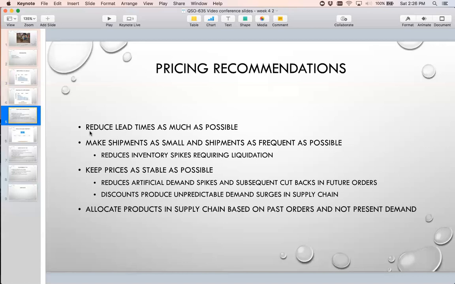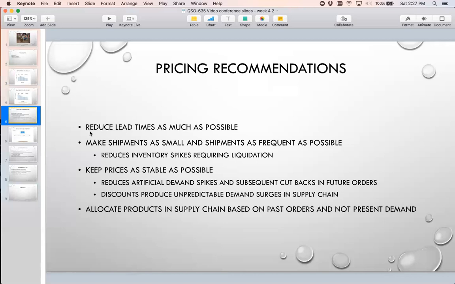And the key note is on unpredictable, because when you provide a discount, unless you have a very good model of your price points and the effects of discounts on overall consumption, which is very hard, it's very difficult to understand the actual demand. Okay, does that make sense?